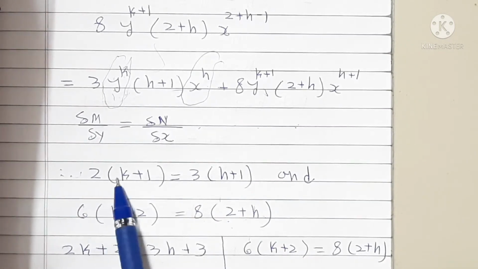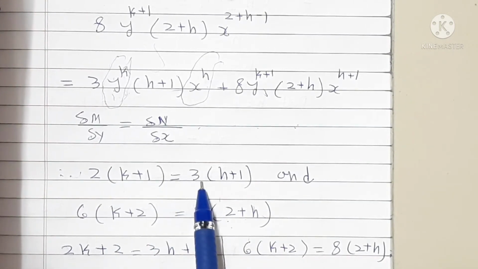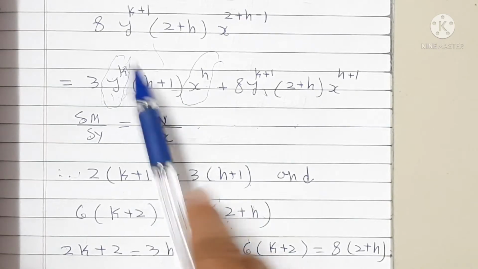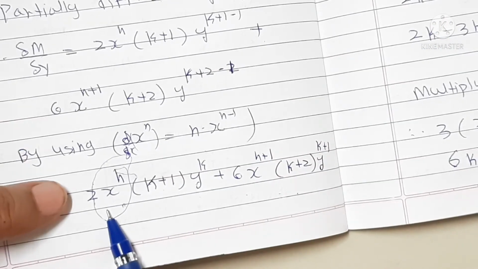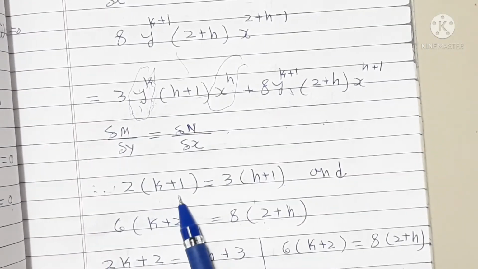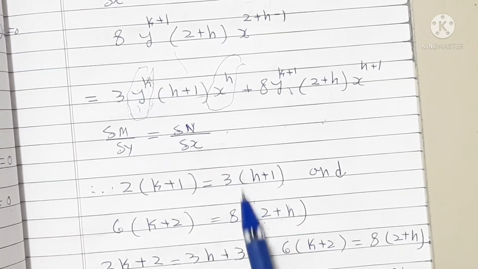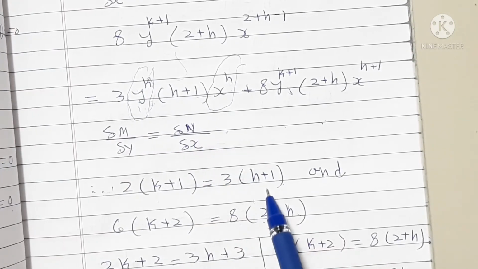Okay. 2(k+1) = 3(h+1). Take this 2 from here, and k+1 from here. Then 3 as it is, and h+1 from here.